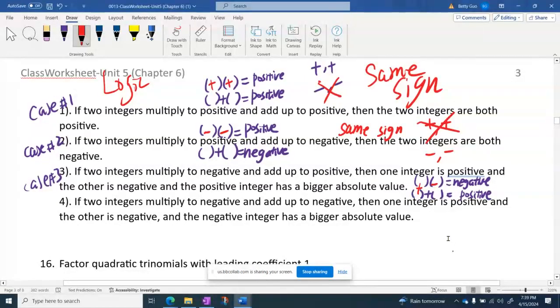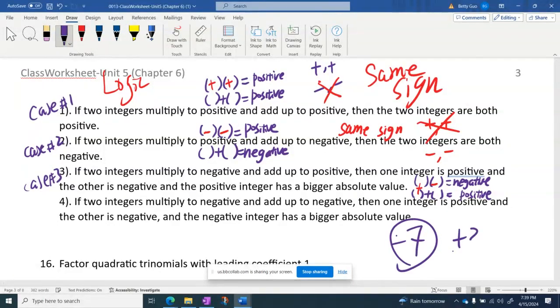And since they add up to positive, that means the positive number has a bigger absolute value. For example, -3 and the positive 97. Those two numbers have an opposite sign, right? So if you multiply them together, you get a negative number.